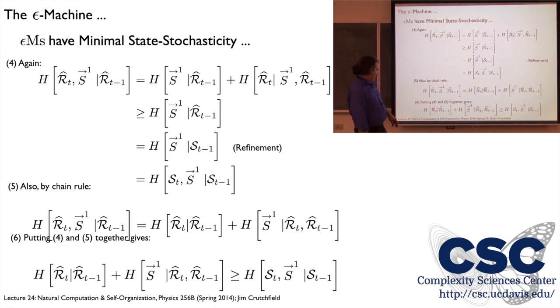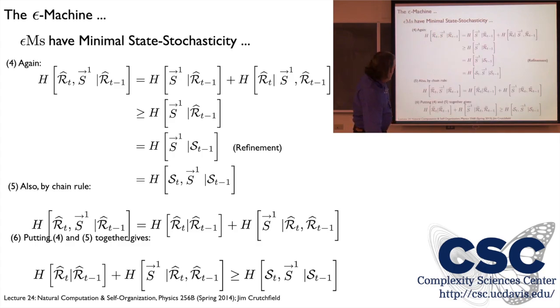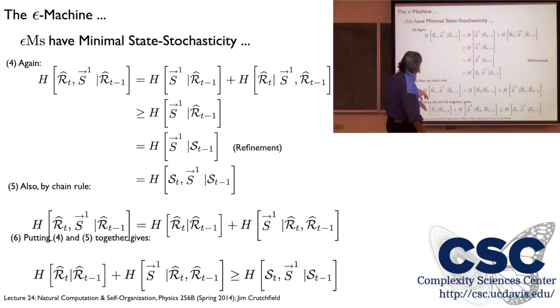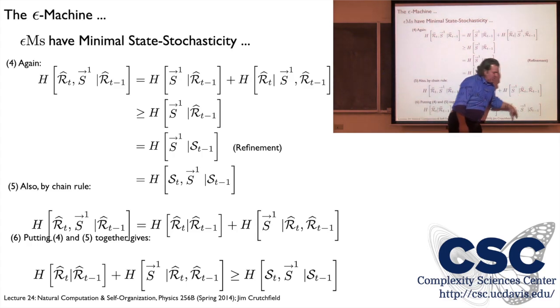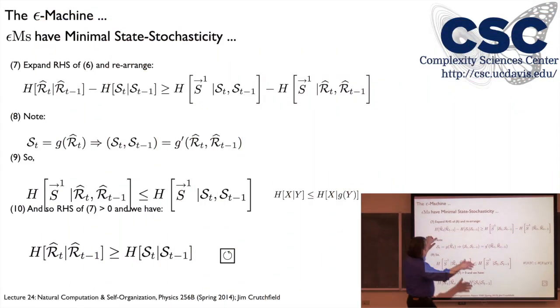I don't find that overly informative. It's one of those proofs where you have to see the final result and then go back and read it again. So I can expand the right-hand side of this, again like we did before, and then rearrange so that what I'm writing out on the left-hand side are the two terms we were interested in.